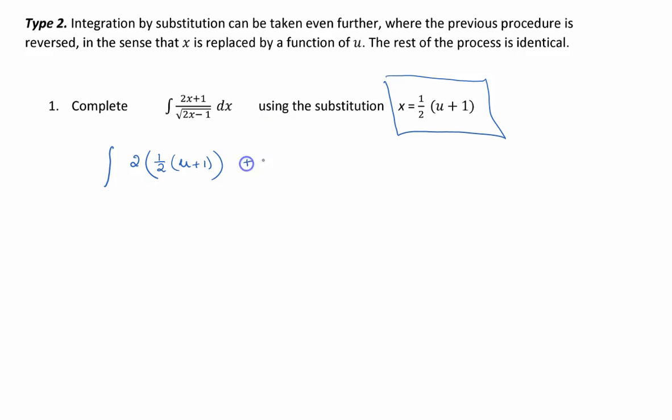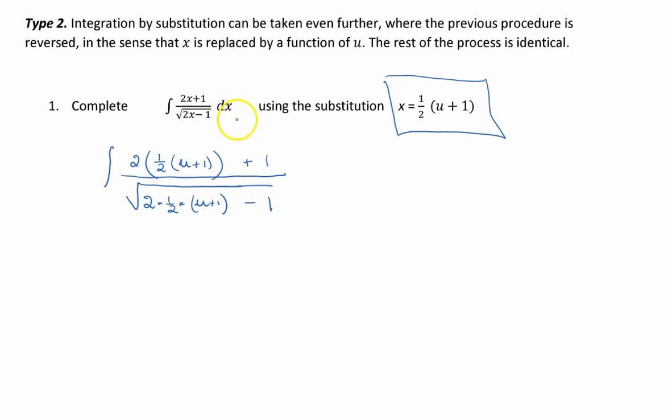And I've got a plus 1, and it's all over the square root of 2 times the x. So it's that same thing again, 2 times a half times u plus 1. And underneath the square root this time is a minus 1.